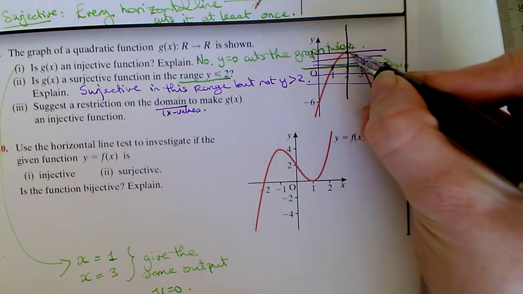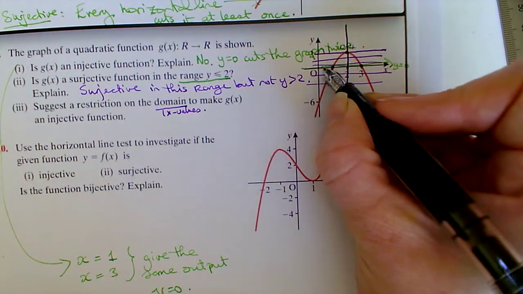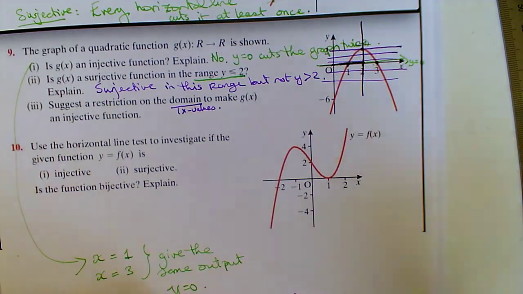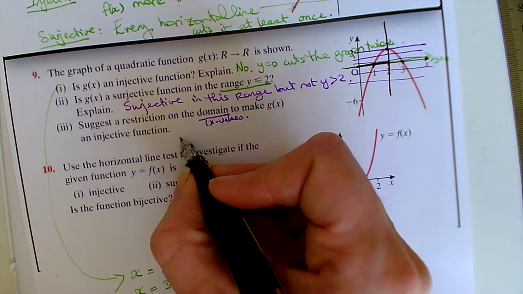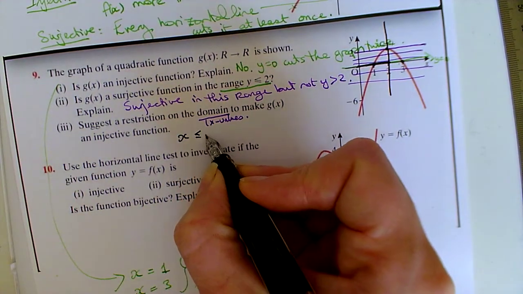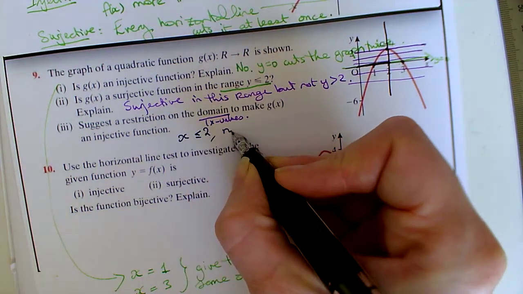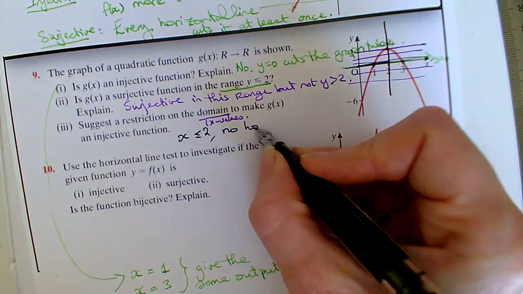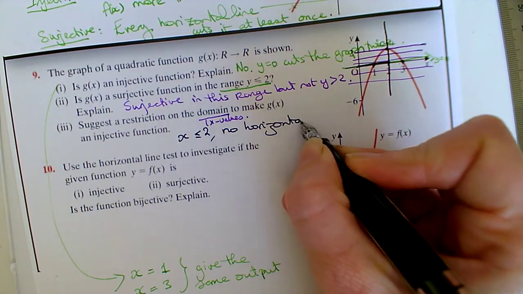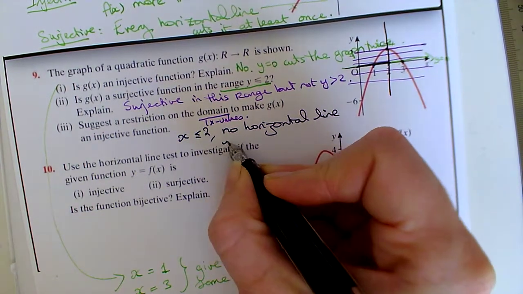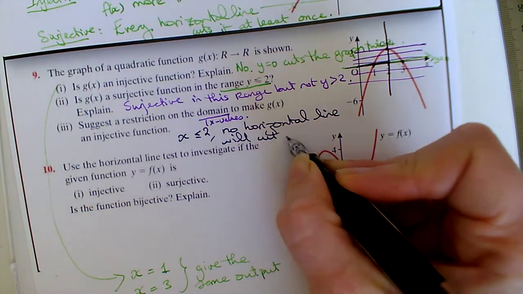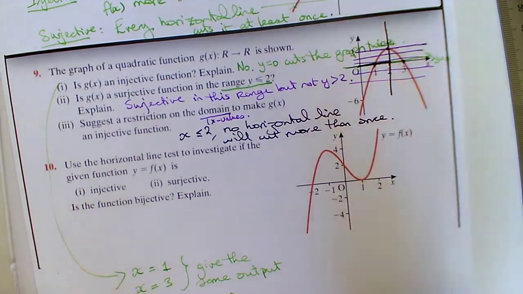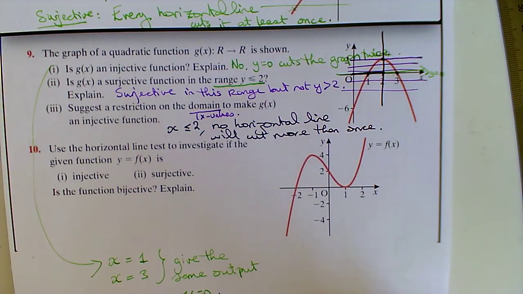So it's only after it's curved around that we start to cut it twice. So if I said that x was less than or equal to 2, no horizontal line will cut more than once. And that would make my function injective.